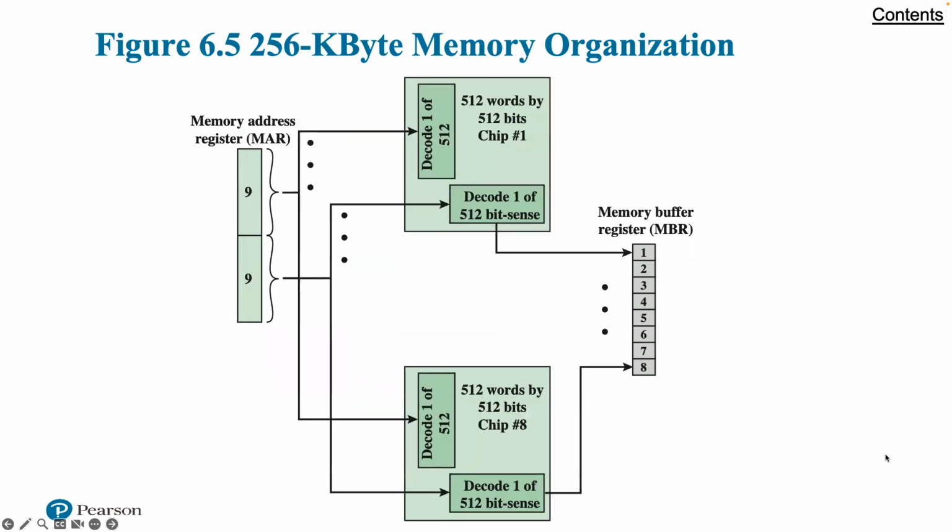Okay, now we're looking at an example of a 256 kilobyte memory organization. If a RAM chip contains only 1 bit per word, then clearly we need at least a number of chips equal to the number of bits per word. For an example, figure 6.5 shows how a memory module consisting of 256K 8-bit words could be organized.